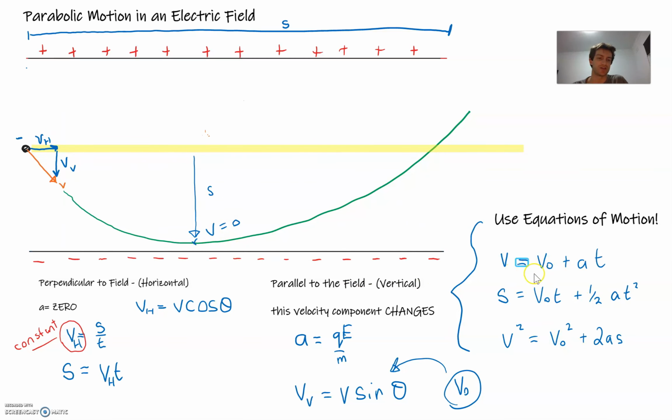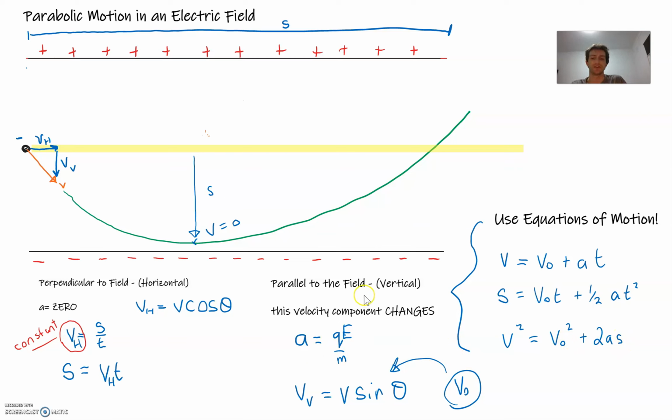So over here in the equations of motion, we can substitute v equals 0 and use that to calculate a few things. We can use this last equation with v equals 0, combine that with our vertical velocity, which we should already have calculated, to find out the displacement, if we know the acceleration, by using this formula here.